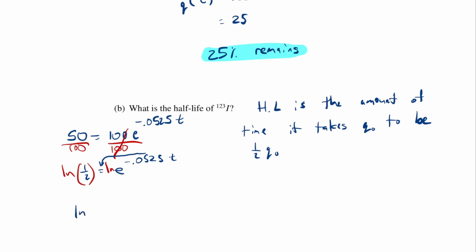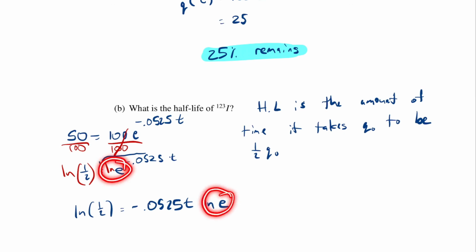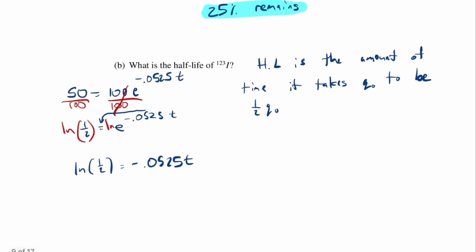So you have natural log of 1/2 equals negative 0.0525t ln of e. But ln of e is just 1, because ln is the inverse of e. These are inverse functions, so it just disappears. And now all we have to do is divide both sides of the equation by negative 0.0525.